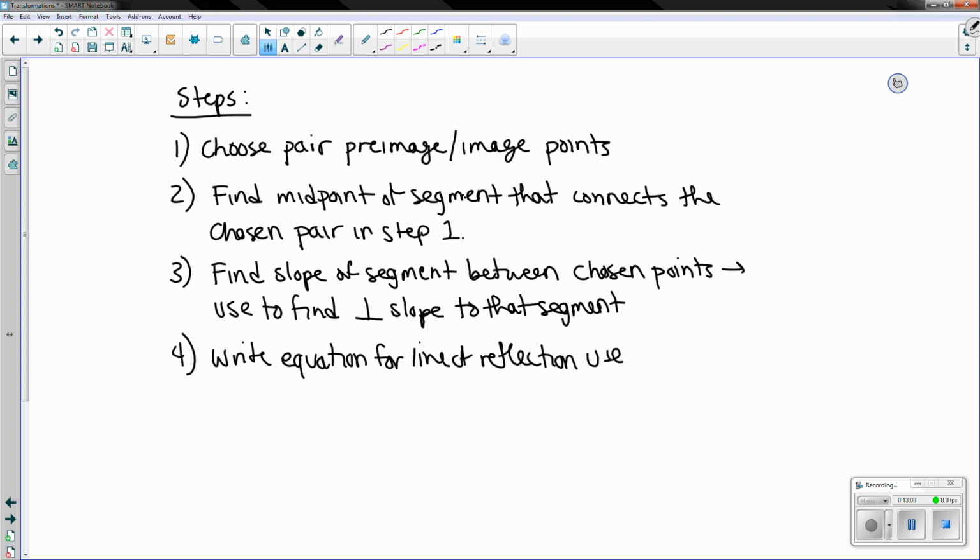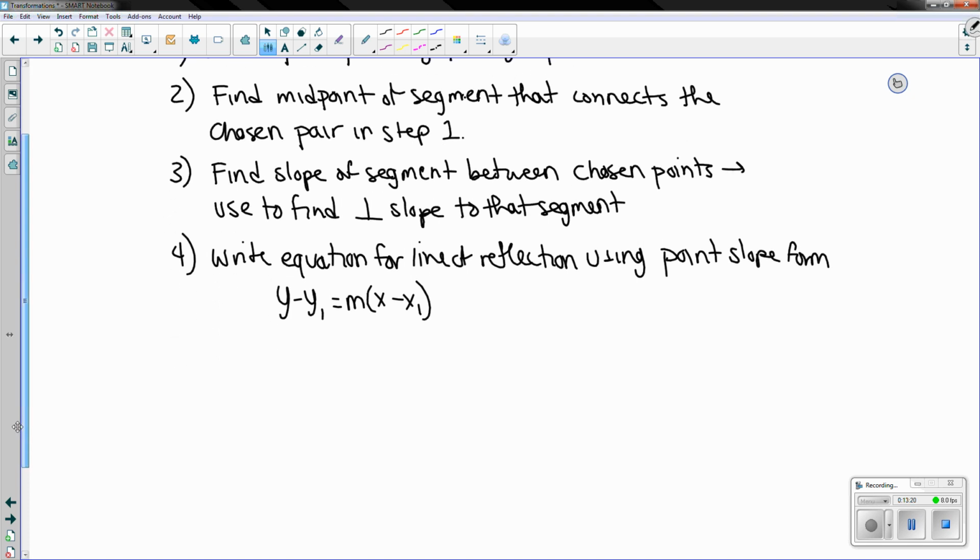And we're going to use point slope form, which, as a reminder, is y minus the y coordinate of the point it passes through equals the slope of the line that you're trying to find times x minus the x coordinate of the point it passes through.